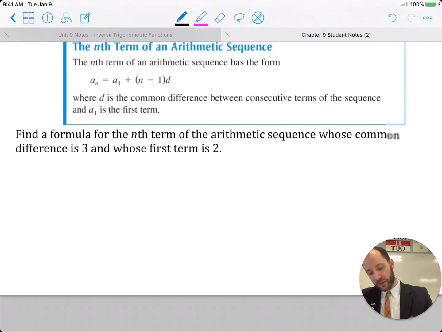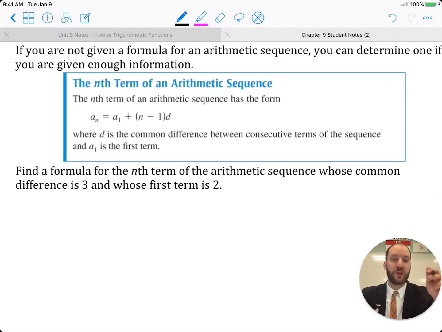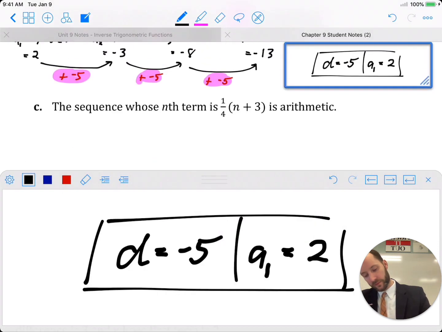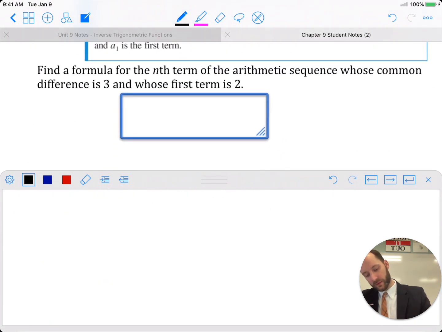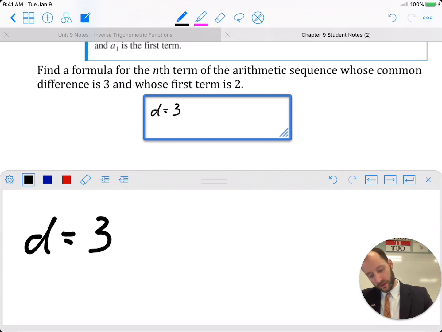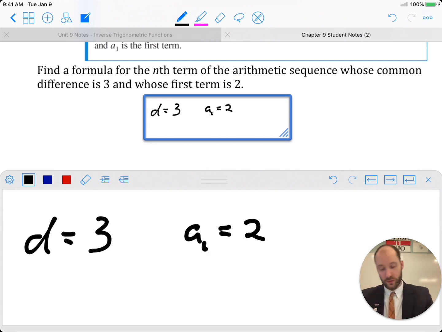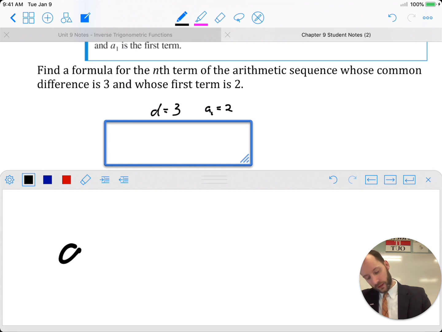So a formula for the nth term of the arithmetic sequence whose common difference is 3 and whose first term is 2. Well, we have common difference, which is 3. Our first term, which is 2. So plug that into the formula.